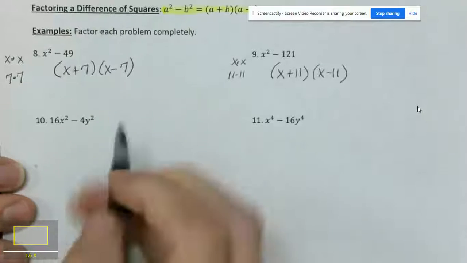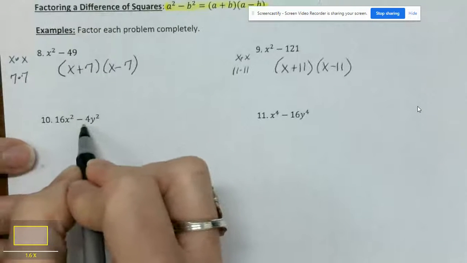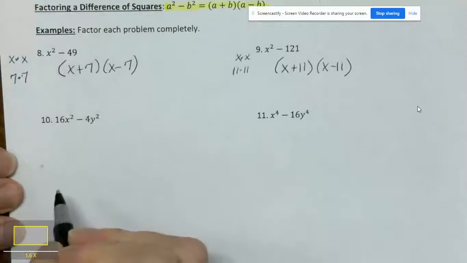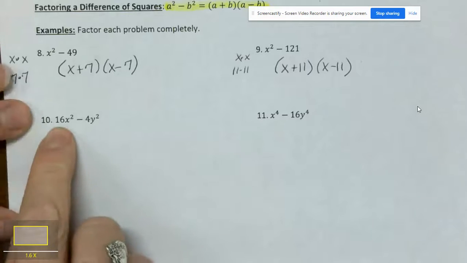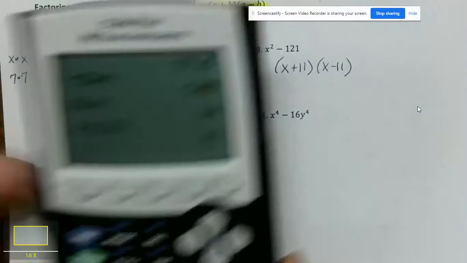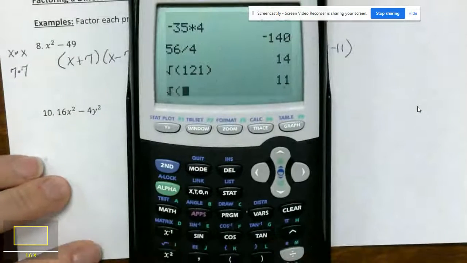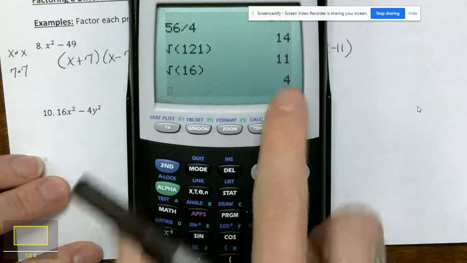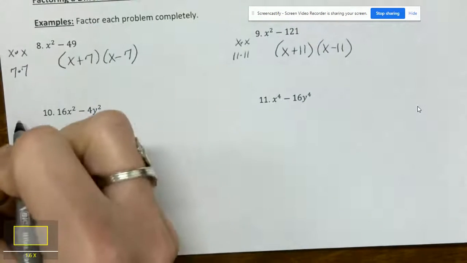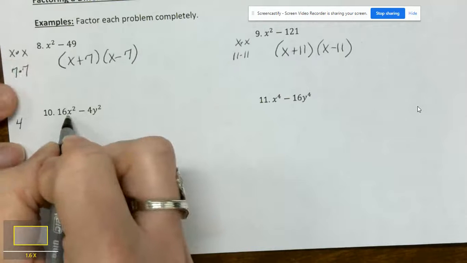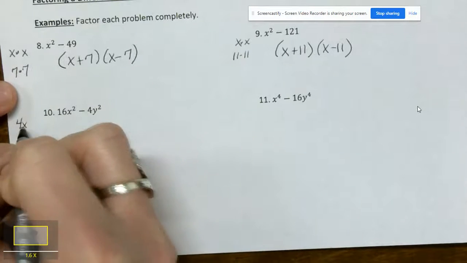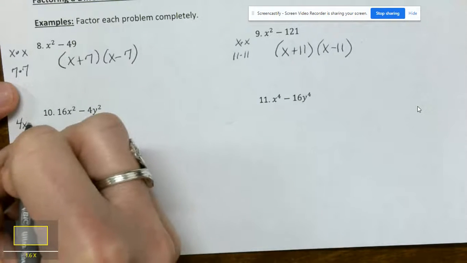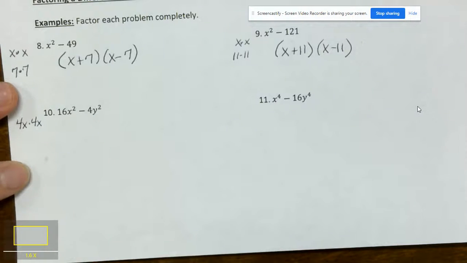All right, let's do a couple more. 16x squared minus 4y squared. All right, is 16 a perfect square? Again, if you don't know, take your calculator. Square root 16. That's 4, so it is. All right, so 4 times 4 gives me that, and x times x gives me x squared, so that's 4x. So 4x times 4x, that's what works.